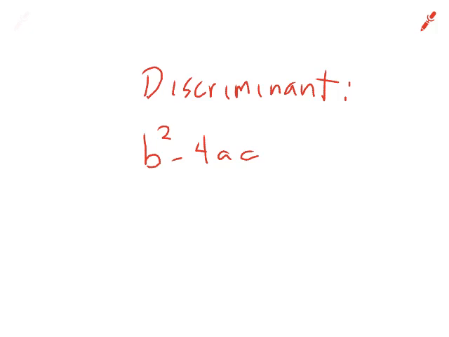So if the discriminant is positive, if there's a positive number underneath the radical, then you're getting 2 real solutions.